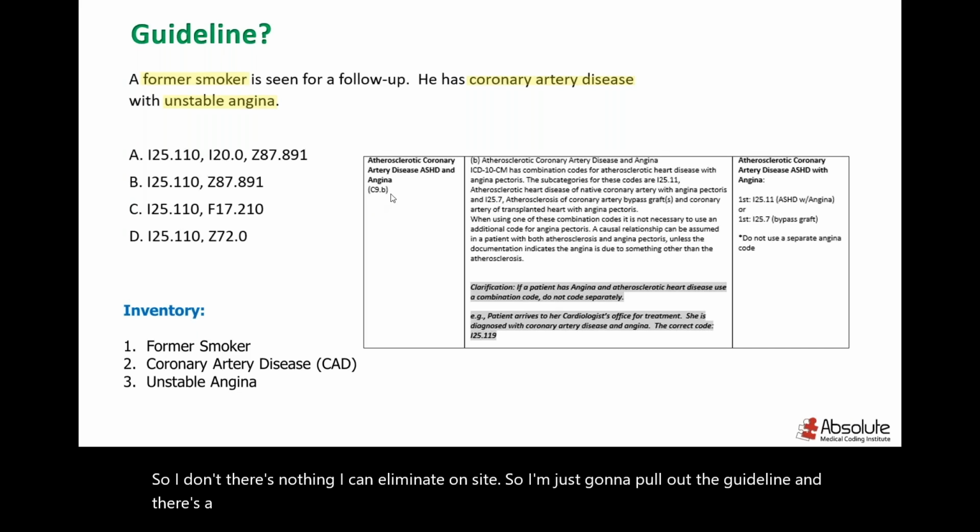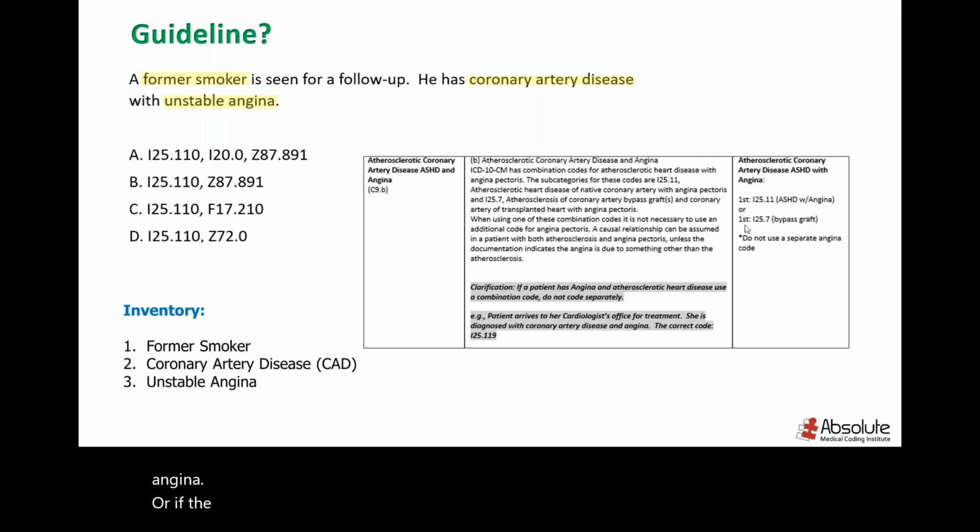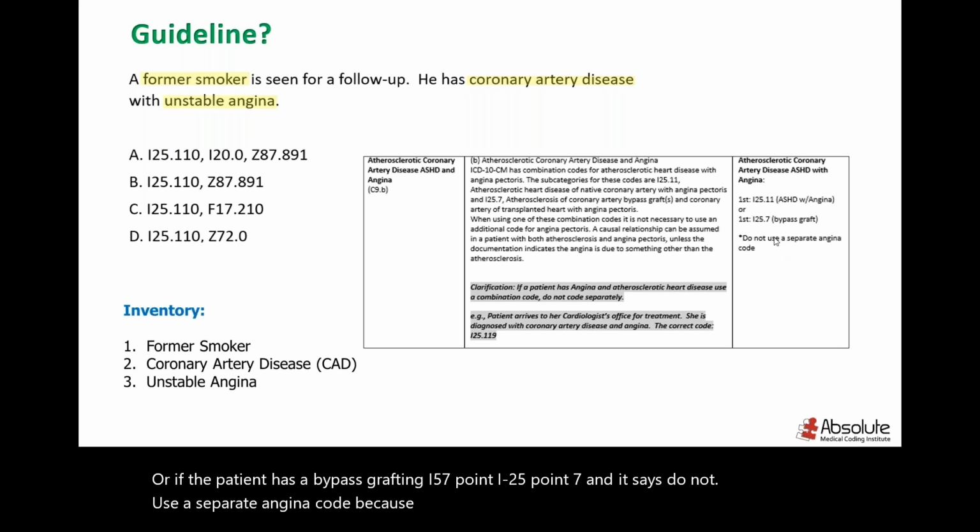There's a guideline, C9B. It says when you have atherosclerotic coronary artery disease, ASHD, it's the same as CAD with angina. You're going to sequence first I25.11, ASHD with angina, or if the patient has a bypass graft, I25.7, and it says do not use a separate angina code because it's bundled, it's integral.